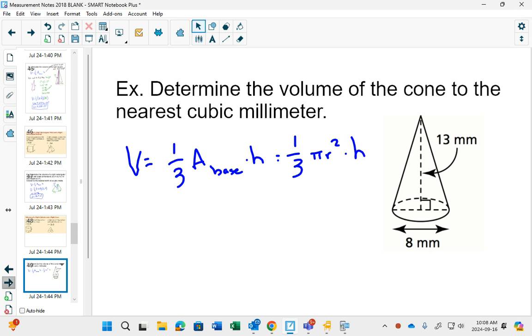This is what it looks like on your formula sheet. Sometimes this causes students issues because they're like, do I have to use everything? No. They're just giving you the formula in both forms.